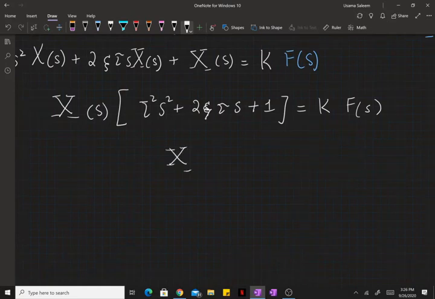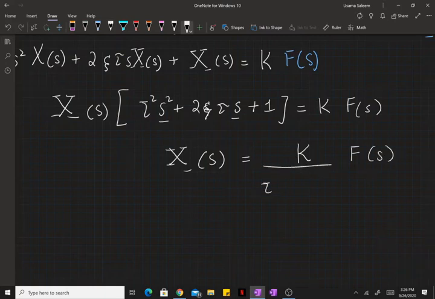Dividing both sides by this second order polynomial, we're left with X on the left hand side and k divided by the polynomial on the right hand side.